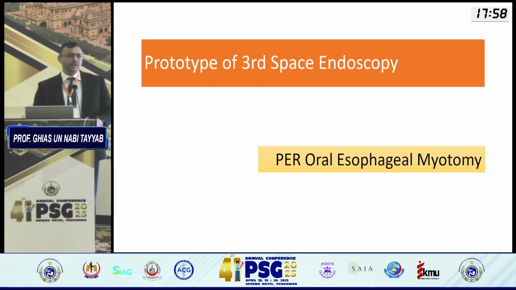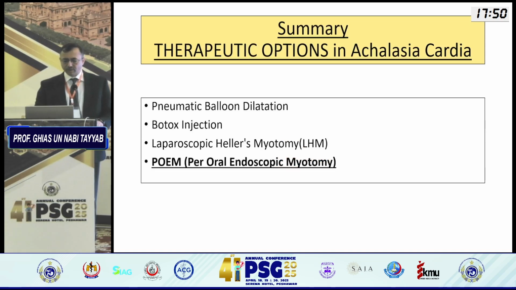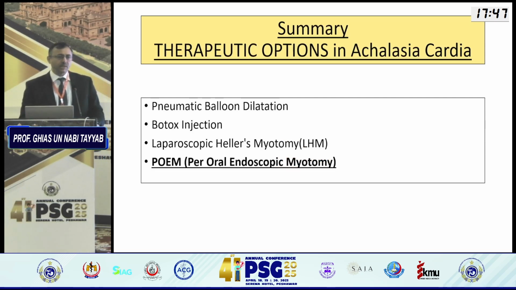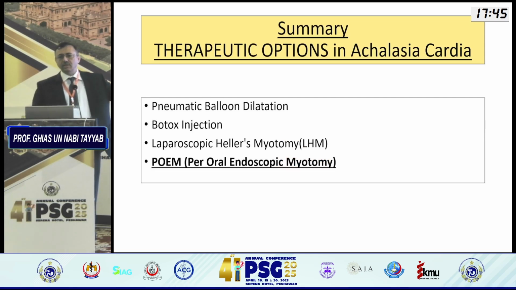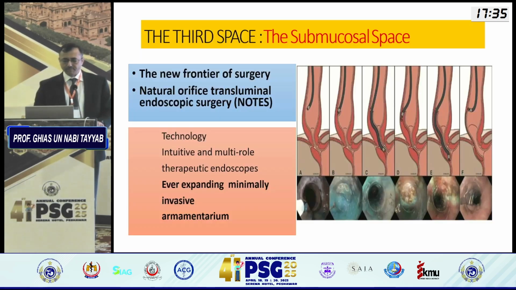Second space treatment is obviously laparoscopic Heller's myectomy, and third space treatment prototype is per oral esophageal myectomy, and that's the commonest one. So, in summary, if you look at this slide, these are the different therapeutic options in achalasia cardia: pneumatic balloon dilatation, Botox injection, laparoscopic Heller's myectomy, and POEM.